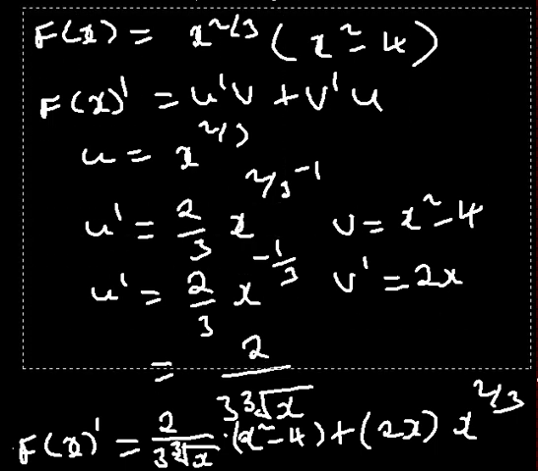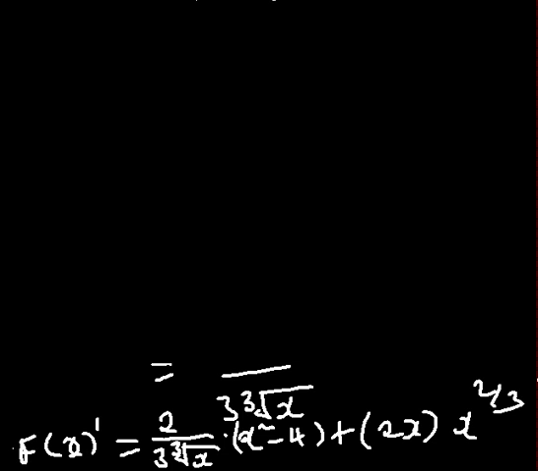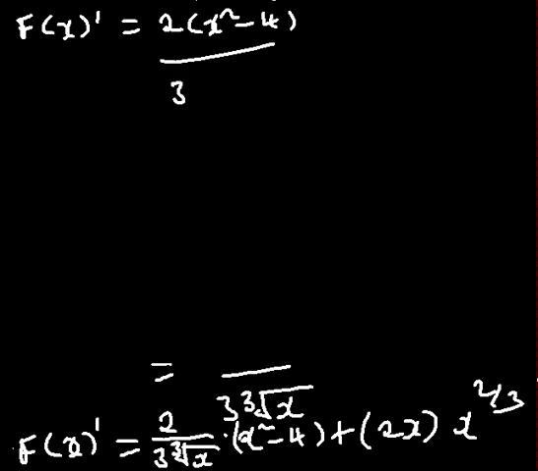And now from that point, f prime of x will be given as 2 times x squared minus 4 divided by 3 times the cube root of x, plus 2 times x to the power 1 plus 2 over 3.